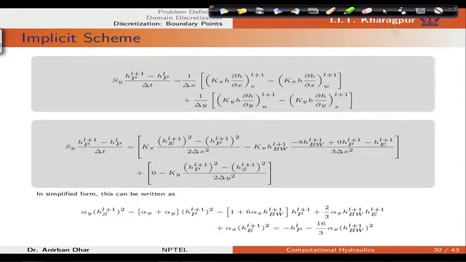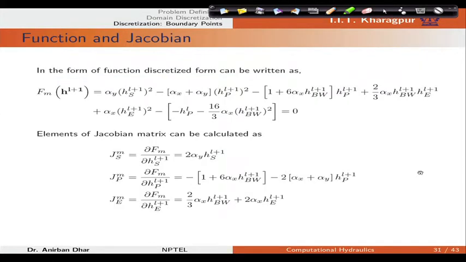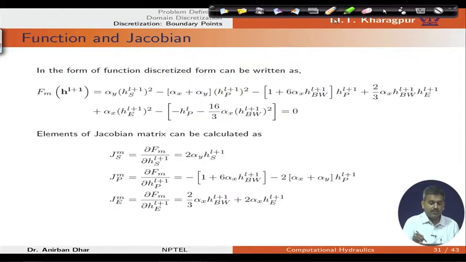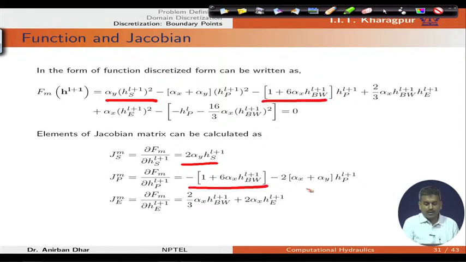So, now similarly we can write it in function format. So, we have H s, this is J s, J s is 2 alpha y H s L plus 1, P is this one, 2 alpha x plus alpha y, this is 2 by 3 alpha x H B W L plus 1, 2 alpha x H E L plus 1.